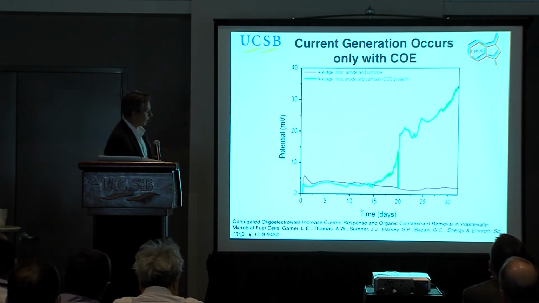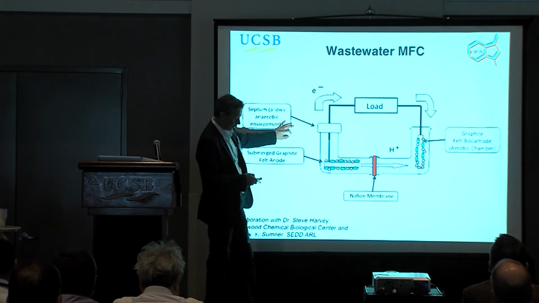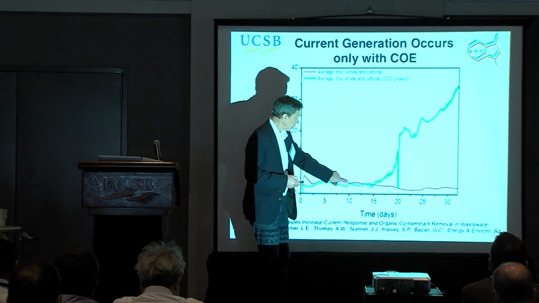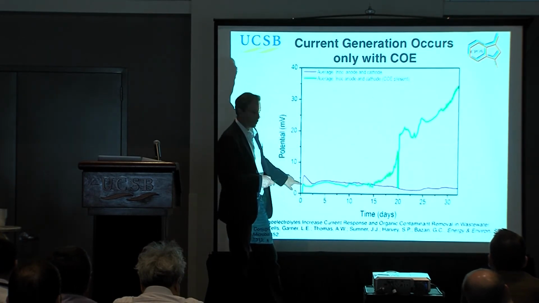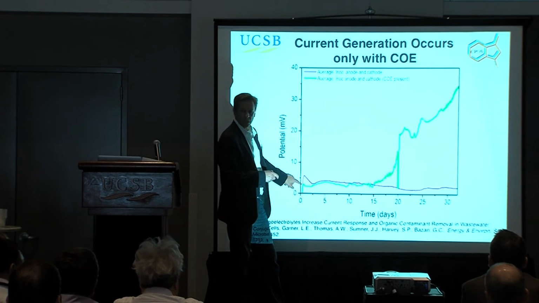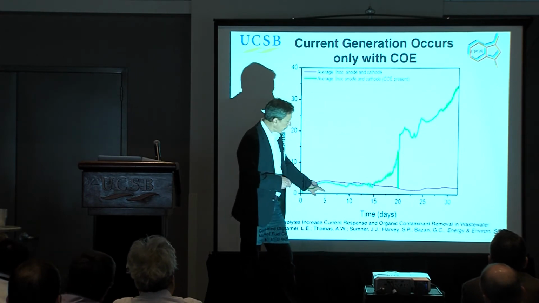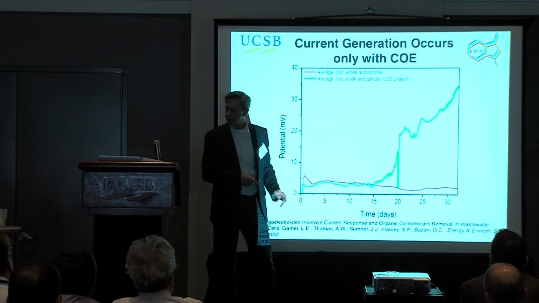And so here's the current that's being generated by this microbial fuel cell, here in blue. There's not much current. And this is what happens when you've added that molecule, the oligoelectrolyte, to the wastewater. You see that it takes time, okay? This is not ultra-fast spectroscopy.